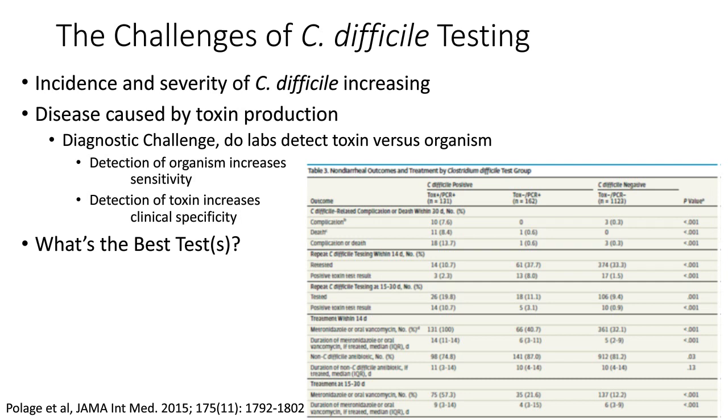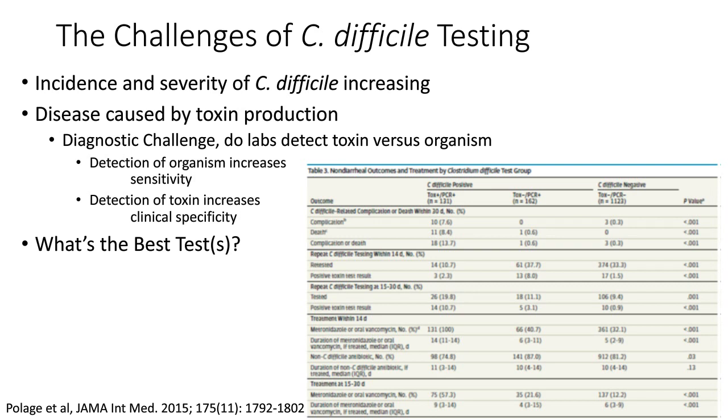And this was nicely highlighted in a study that's contributed to a great deal of conversation over the last several years, published by Chris Palage and colleagues at the University of California. In this study, they looked at outcomes associated with patients that were toxin positive, PCR positive, compared to toxin negative, PCR positive, and those that were negative by both toxin and PCR-based testing.